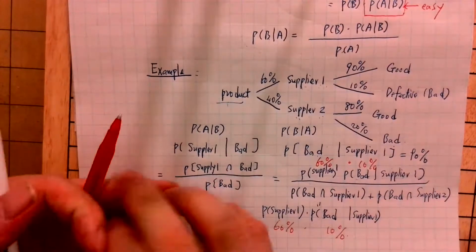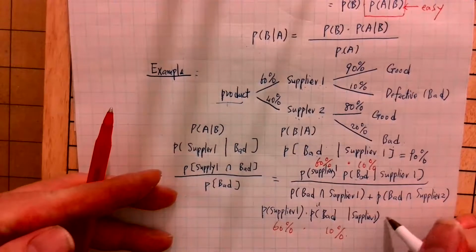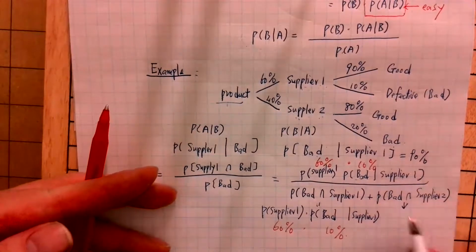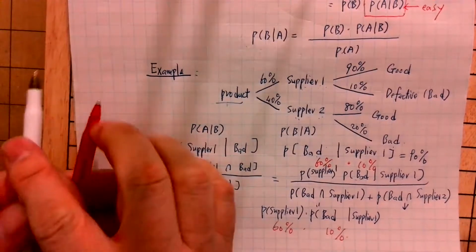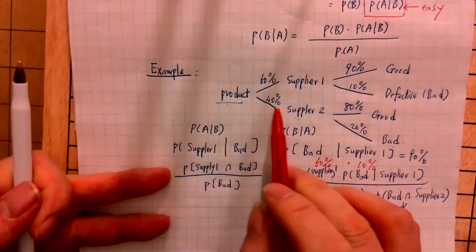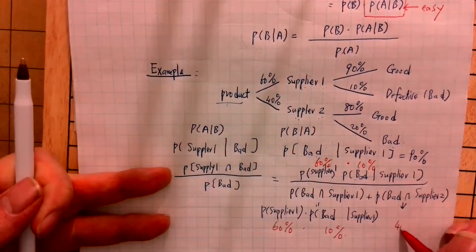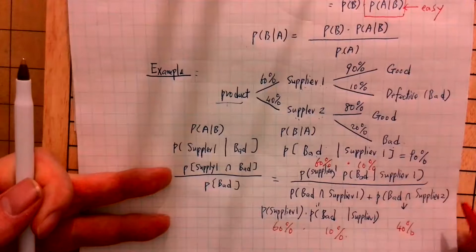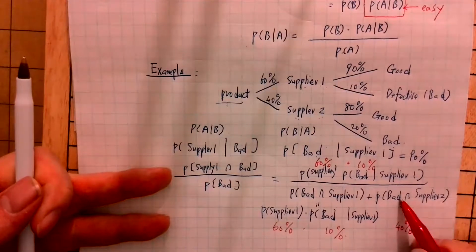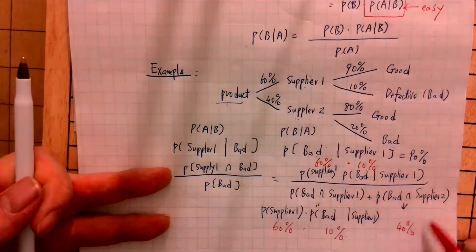How about this one here? Same story, okay? Supplier two is what? Supplier two is 40%. Given this comes from supplier two, how likely is it bad? It is 20%.